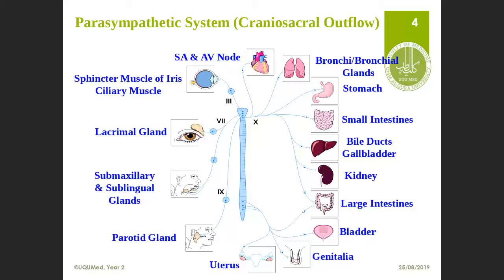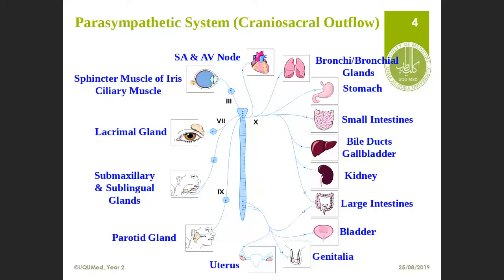But it means that there is no prevertebral ganglia or paravertebral ganglia. Only the nerves come from the spinal cord and the central nervous system, CNS. So here are four cranial nerves which are coming from the central nervous system. These are 3, 7, 9, and 10.